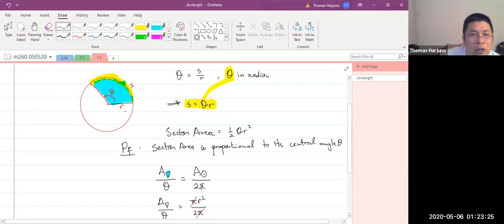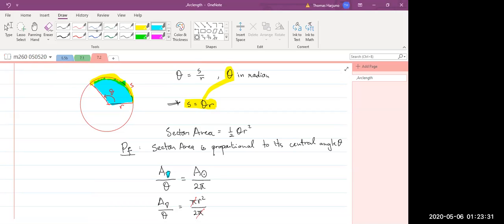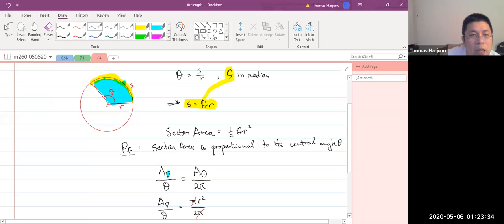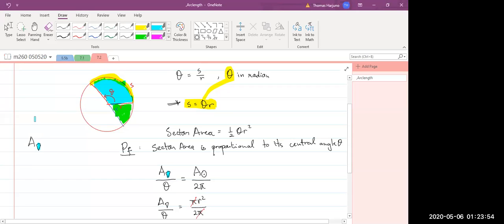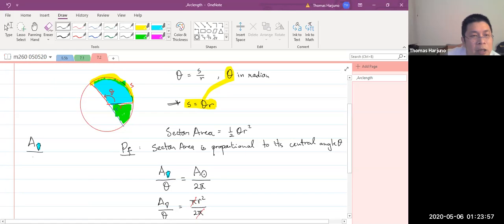Even when you look at this picture here, suppose I pick another sector, different size. Let's call this alpha here. Then the area for the blue sector and the area for the green sector should be in the ratio theta over alpha.